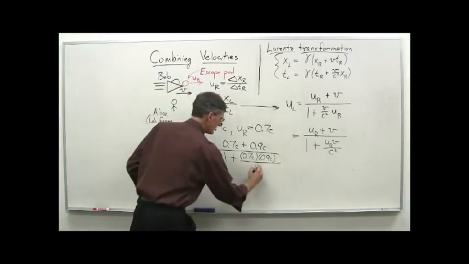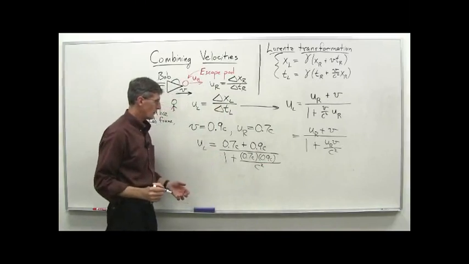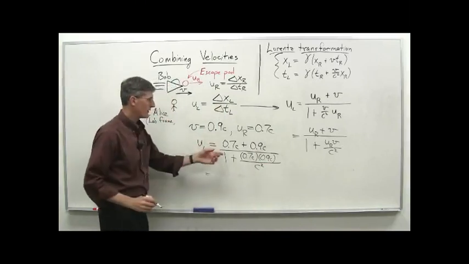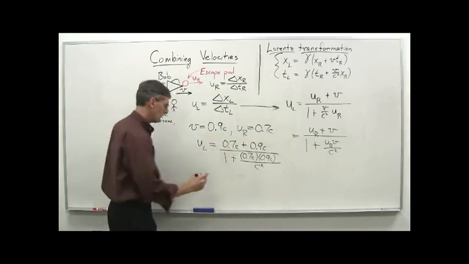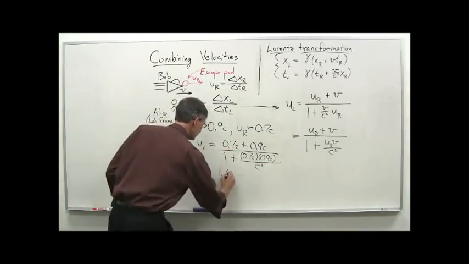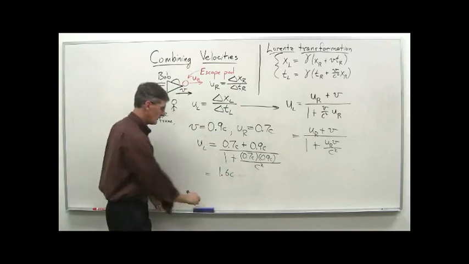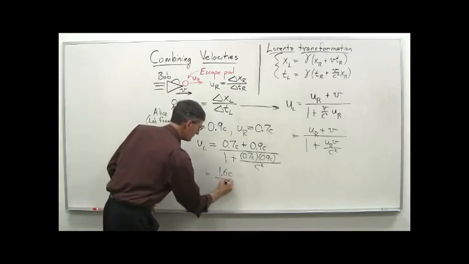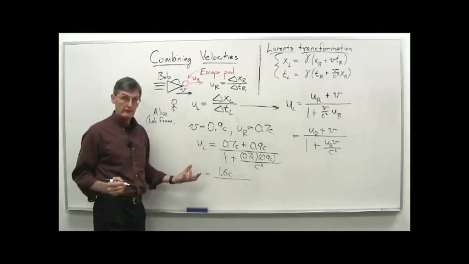Okay? So we just put that there. So what do we have here? We'll do one more step. So 0.7 c plus 0.9 c is 1.6 c. Definitely greater than the speed of light there.